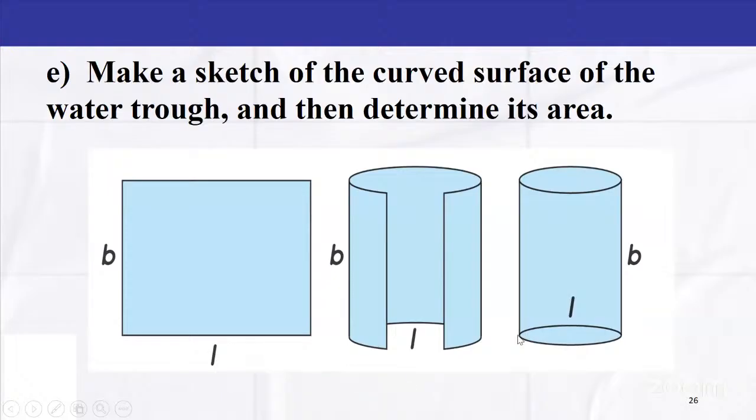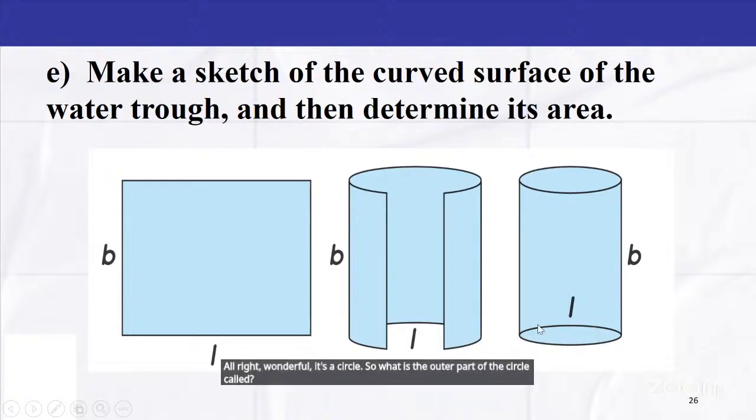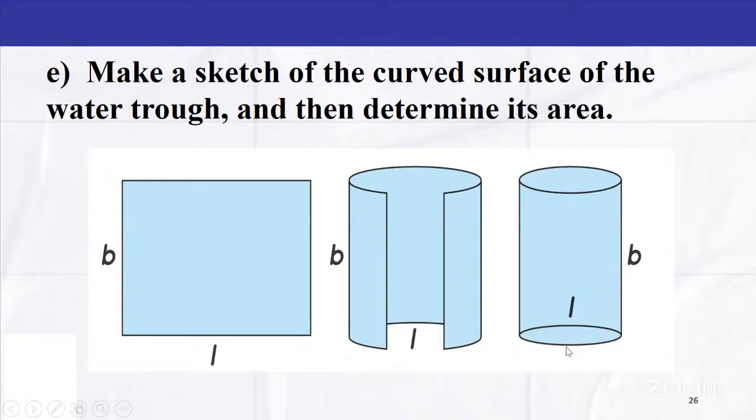All right, still waiting on a response in the chat. Diana says the base. Okay, it's the base, but what shape is formed at the base of the cylinder? Terrian Tour says a circle. All right, wonderful. It's a circle. So what is the outer part of the circle called? Around the boundary.